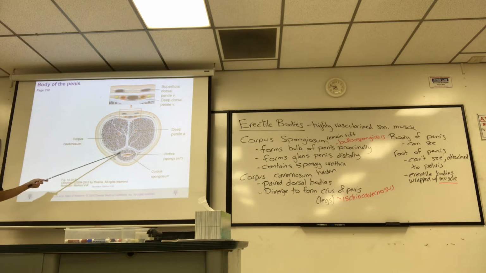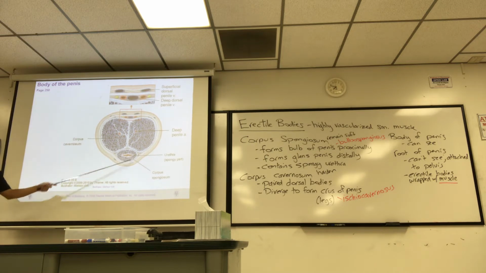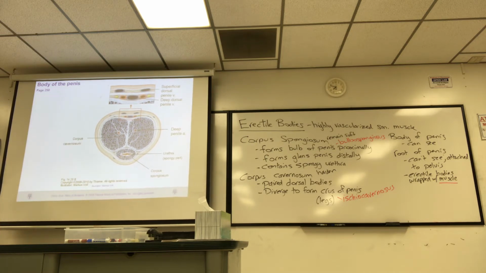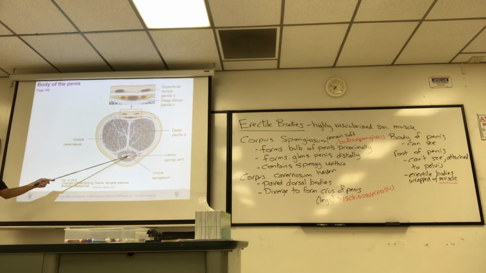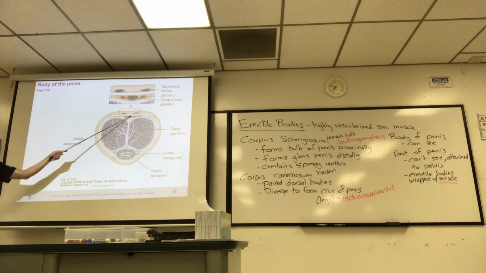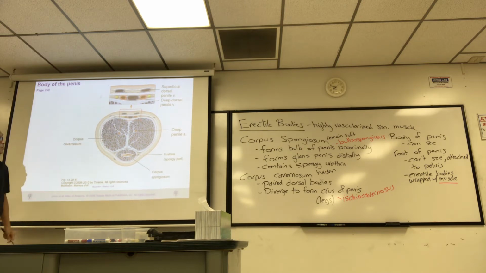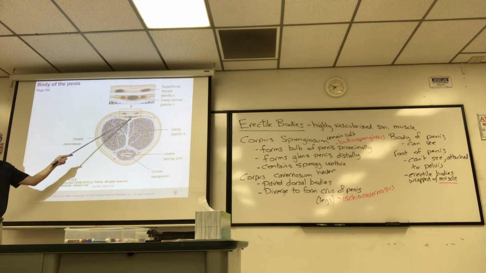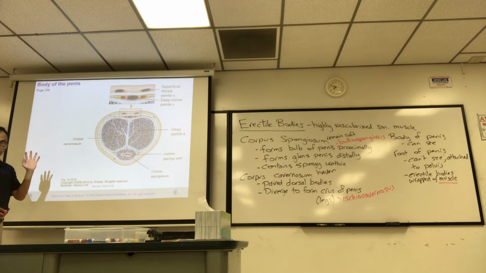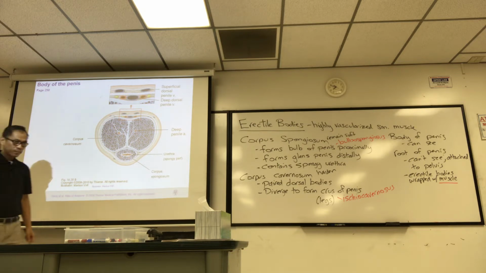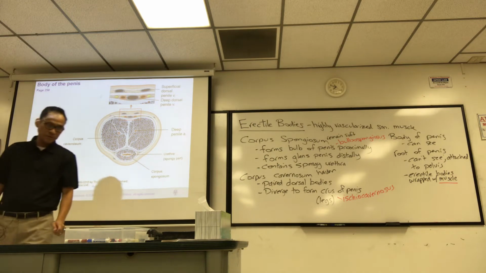You have a singular body forming the ventral aspect of the penis, corpus spongiosum with spongy urethra. Now these vessels here, you don't have to identify them, but you should understand that when these become engorged with blood, you collapse the veins. Veins drain the blood away, so when you collapse them, you help keep blood in the penis during an erection.